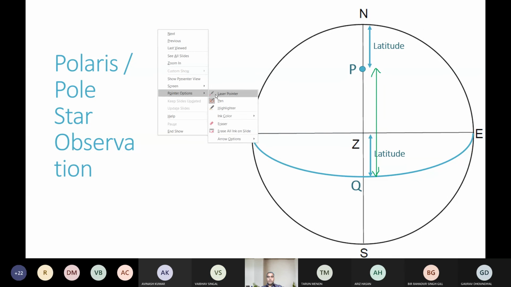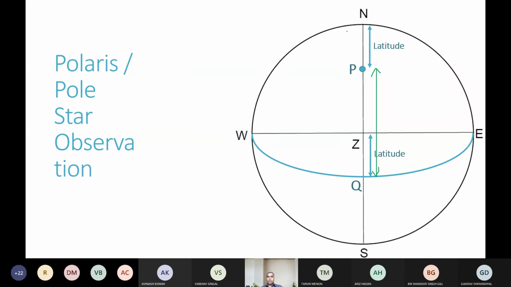And we also know that zenith to rational horizon, now, point N is on rational horizon and point Z is the zenith, this also is 90 degrees. Now, if this is also 90 and this is also 90, it immediately tells us that NP has to be equal to ZQ. So immediately you know that this NP, elevation of the pole or altitude of the pole, will be equal to the latitude of the observer.